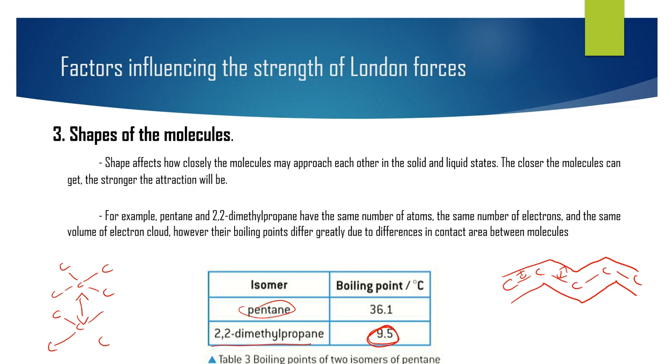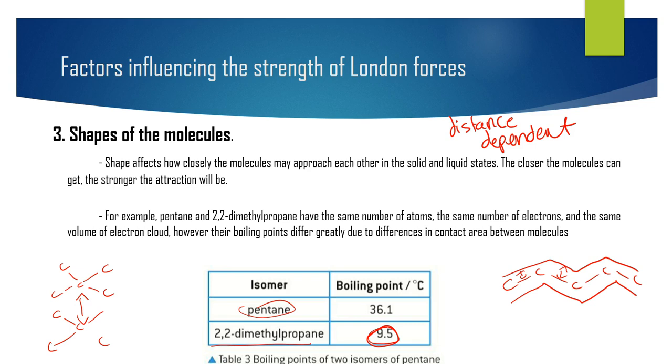Because our London dispersion forces are distance dependent, the further away they get, the weaker the force. So if the molecules are branched, so they have a shape that won't allow them to stack, we'll see weaker dispersion forces. I'm going to leave that here and stop this video.